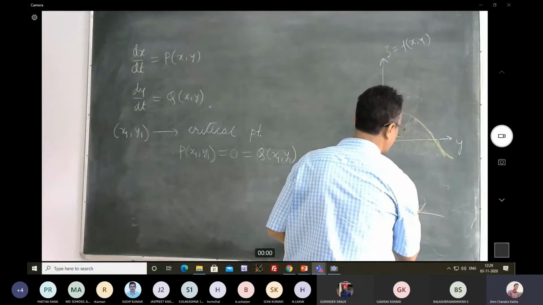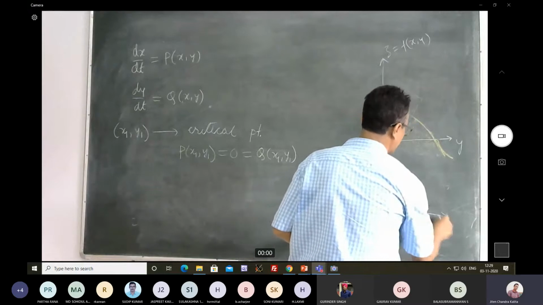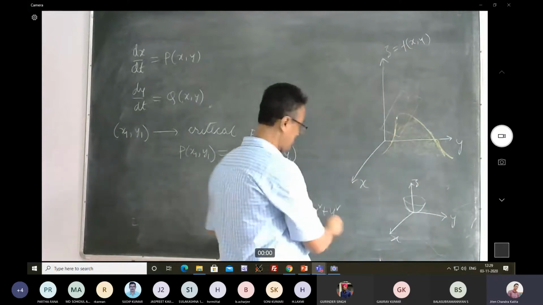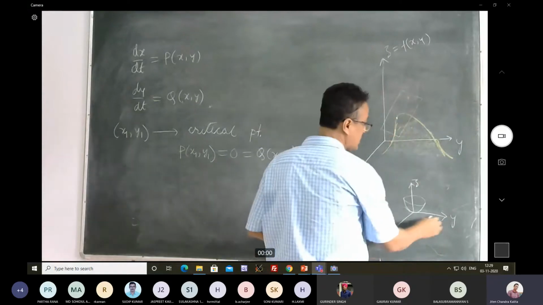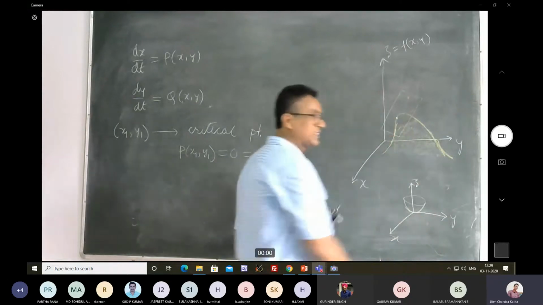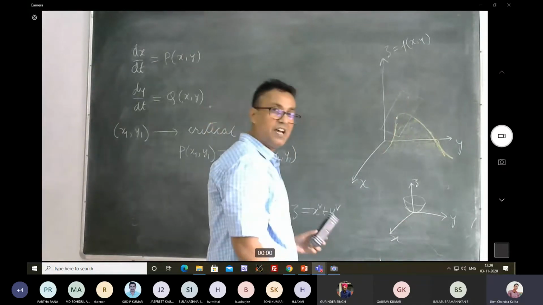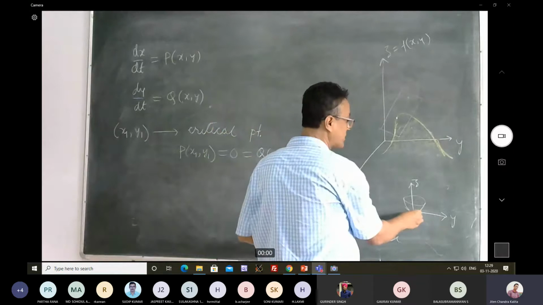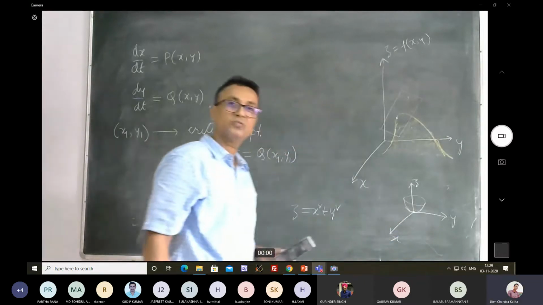It is going to look like this. So the xy plane is a tangent plane to this surface at the point 0, 0, at the origin.